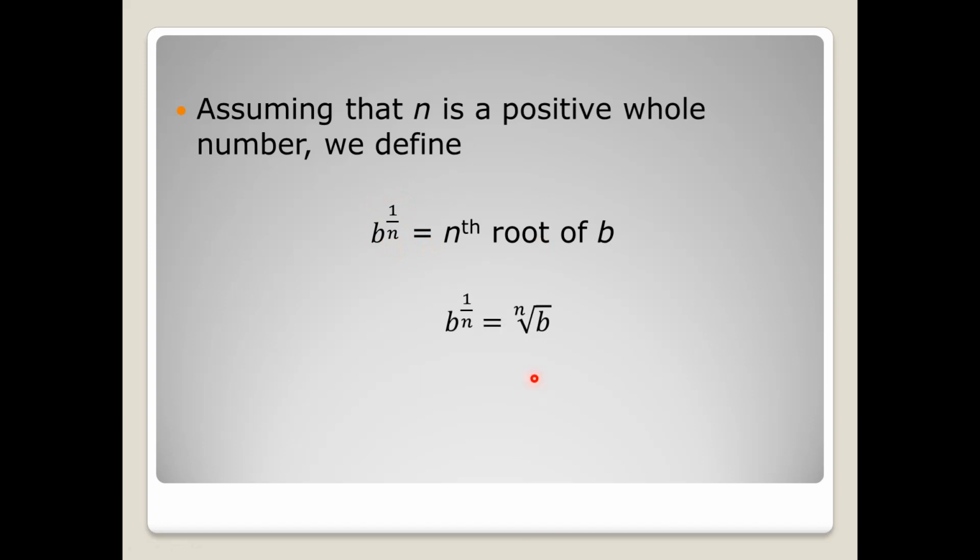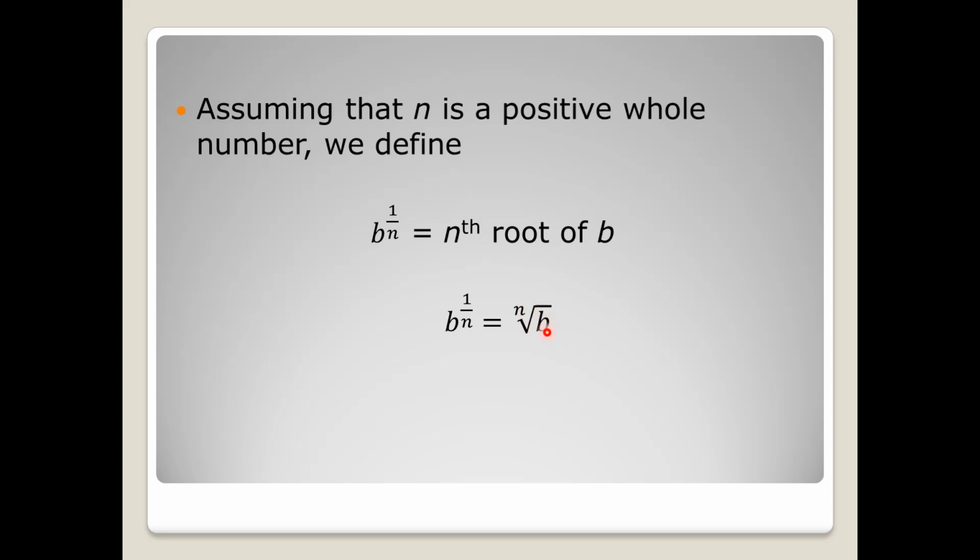And we can write it using this symbol of the root. So this is the root, the nth root. See here, this label is the label for the root, the nth root. This might be 2, might be 3, might be 4, any positive integer.